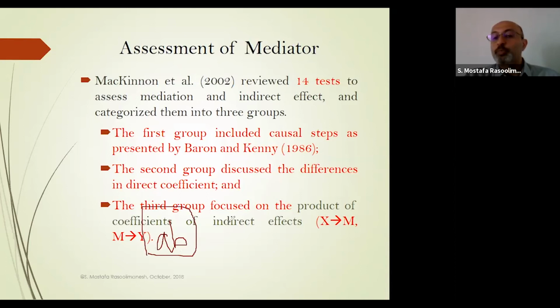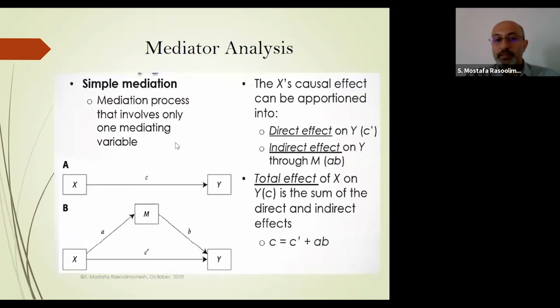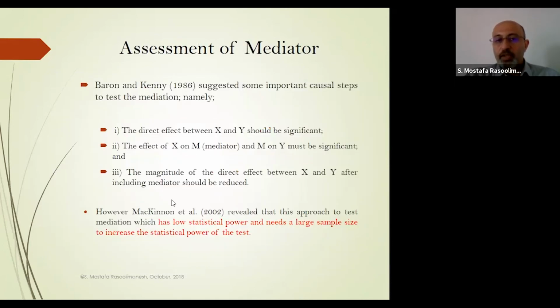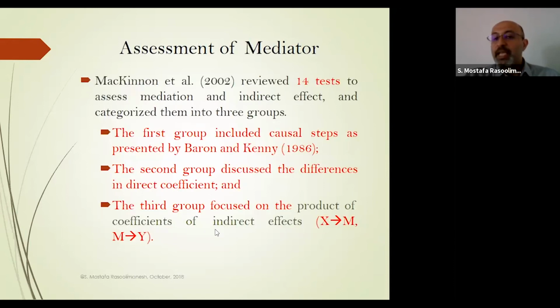This term is called the product of coefficient. So based on recent literature, the third group is assessment of significance of the indirect effect, AB, product of coefficient.